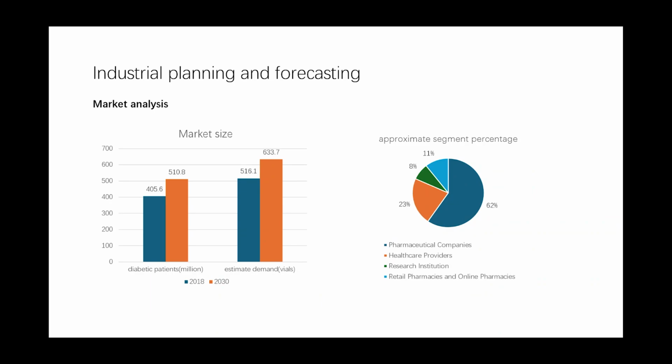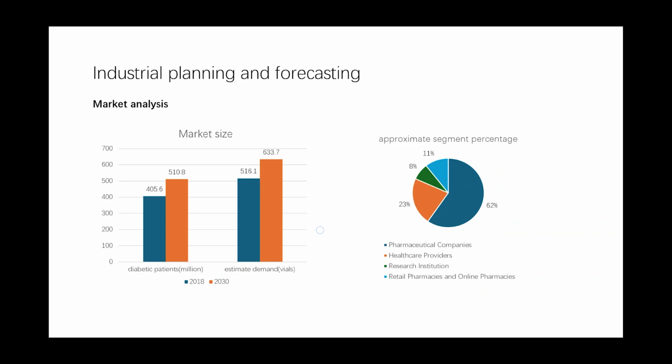The diabetic patients increased from over 400 million in 2018 to an estimated over 500 million approximately in 2030. From those statistics, we can estimate the demand to be 630 vials in 2030.